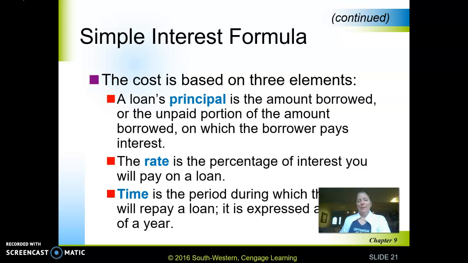And then time is the period during which the borrower will repay a loan. It is expressed as a fraction of the year. So if I'll repay the loan in 6 months, it's 6/12 because that's a fraction of a year. If I'll repay that loan in, let's say 97 days, then it's 97 divided by 365. That's how I show fractions of a year, always expressed in terms of a year.